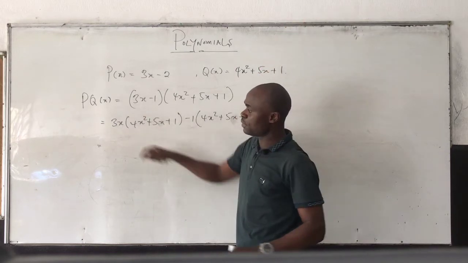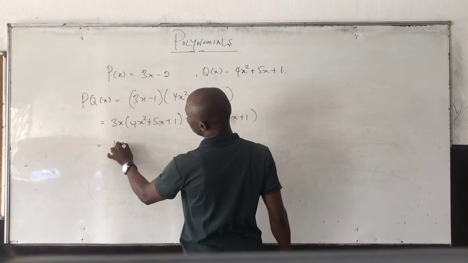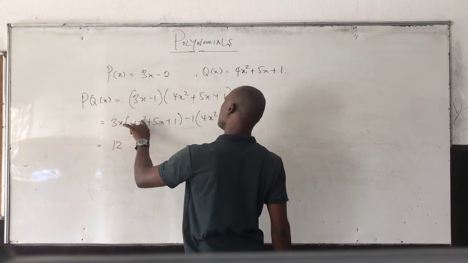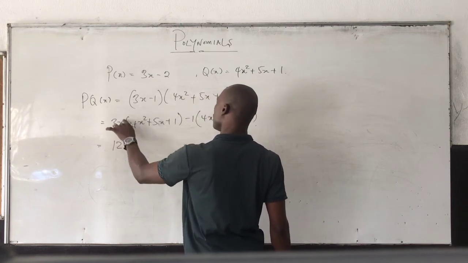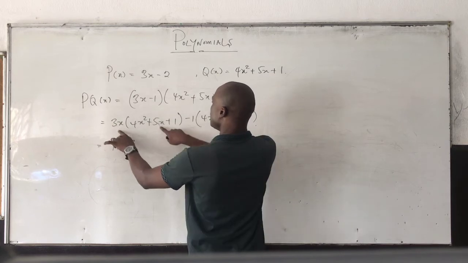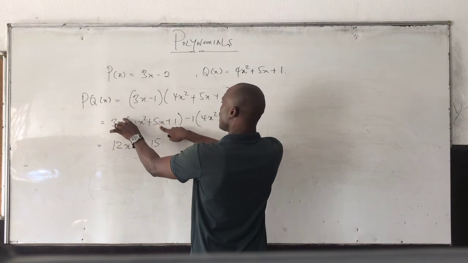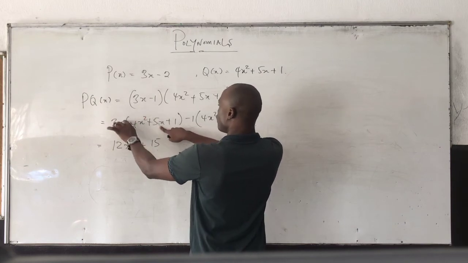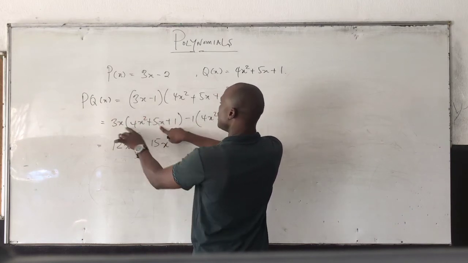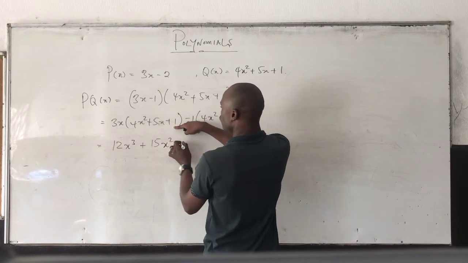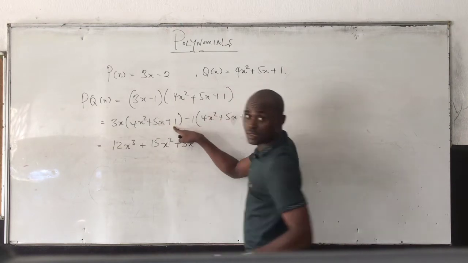I took my time to explain that. So 3 times 4 is going to be 12. Then here is power 1 and this power 2, so this is going to be x raised to the power of 1 plus 2, and that is 3. This and this now give us 3 times 5, which is 15. We add the powers again, power of 1 and power of 1, so this is going to be x squared. Finally, 3x times 1 is going to give us 3x.